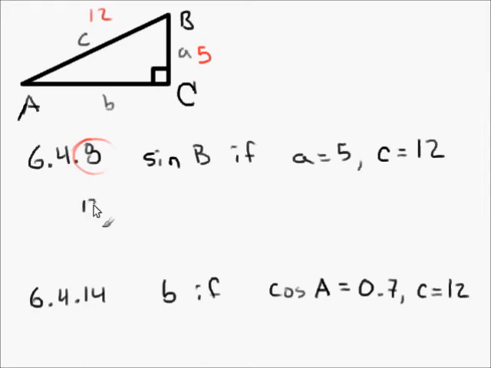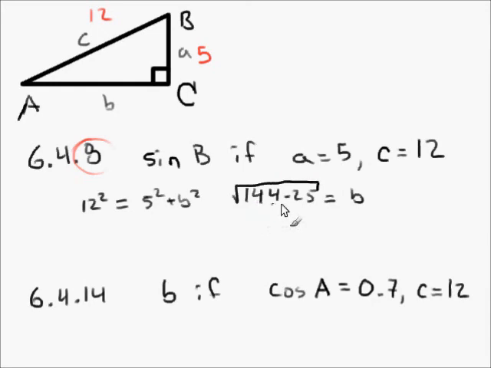So let's see here. 12 squared is equal to 5 squared plus b squared, so b is the square root of 144 minus 25. There we go. That's b.